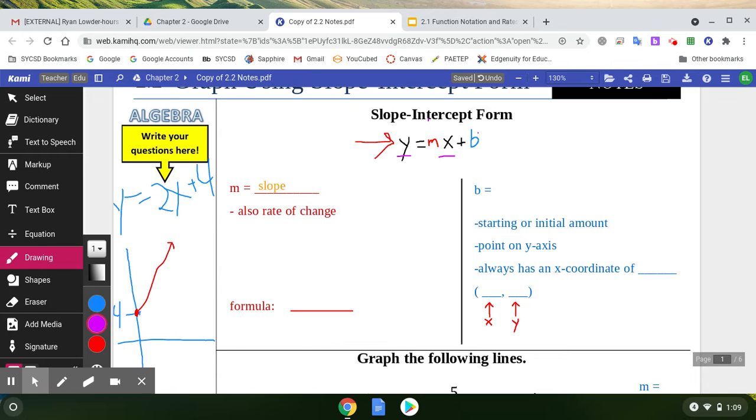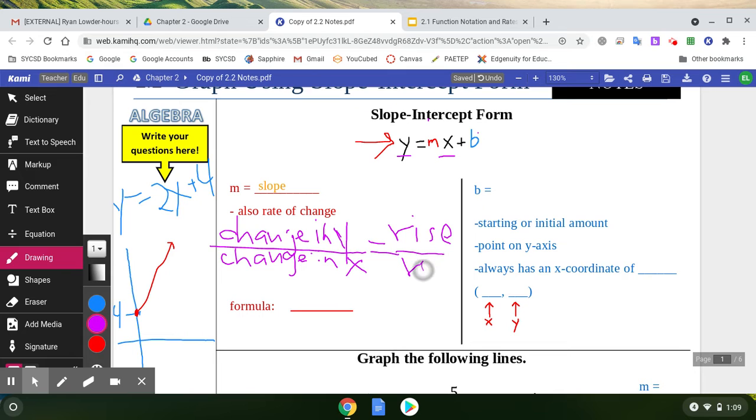And we defined rate of change as the change in our y value, or the change in the output, divided by the change in our x value, or the change in the input. Now, visually, what we can compare it to is the idea of rise over run.